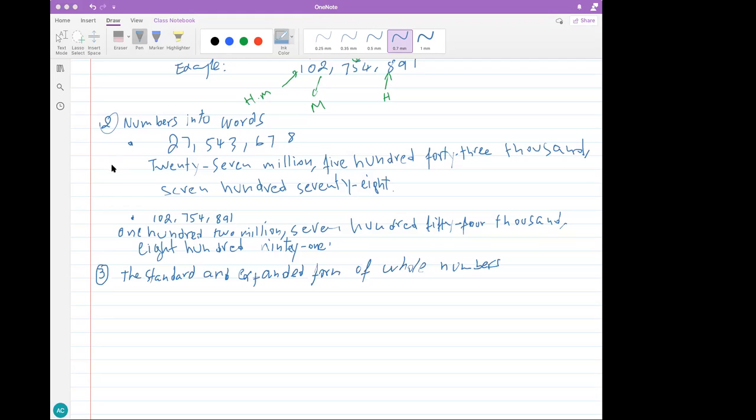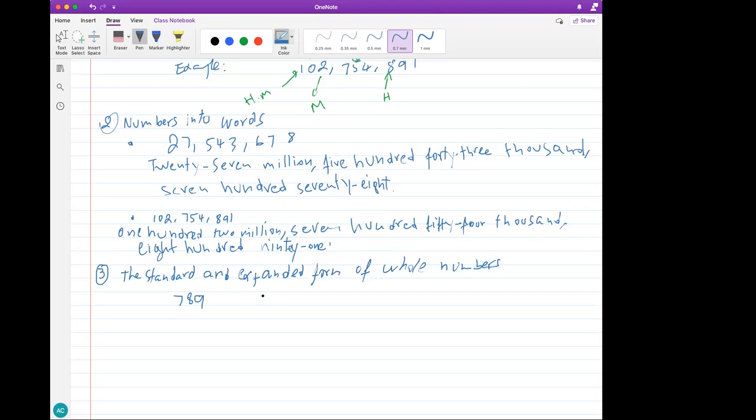This basically means breaking down the numbers into each placement value. So take a number, let's say 7, 8, and 9. Each one of these digits belongs to a specific value. How many hundreds do we have in this number?